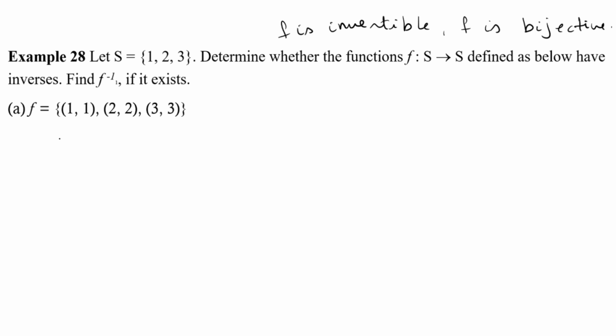So here if we see this function, here 1 is mapped to 1, 2 is mapped to 2, and 3 is mapped to 3. So here f is both 1 to 1 and onto. That is the range of f is equal to the set S itself, and different elements in the domain have different images in the codomain. Since f is 1 to 1 and onto, f is invertible.